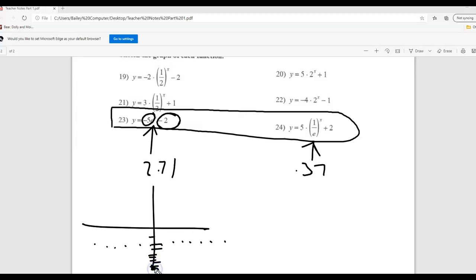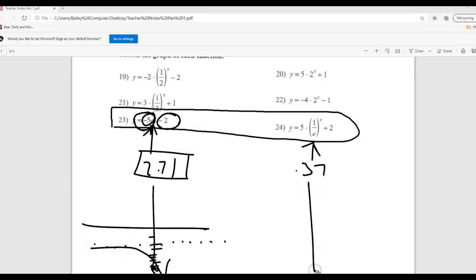I'll squeeze those together so it fits on the screen. And then from there, we're going to determine the shape. Now, my a is negative, and my b, this is why we changed them into decimals, my b is 2.71. So basically, if you have an e right here, that means b is bigger than 1. And that means that my graph would have this kind of a shape.